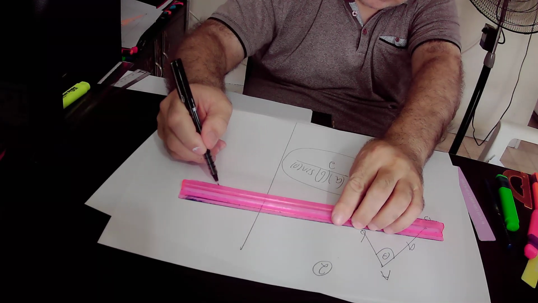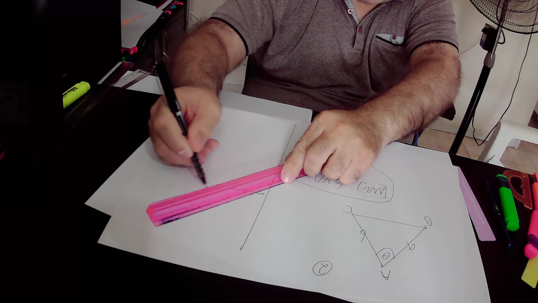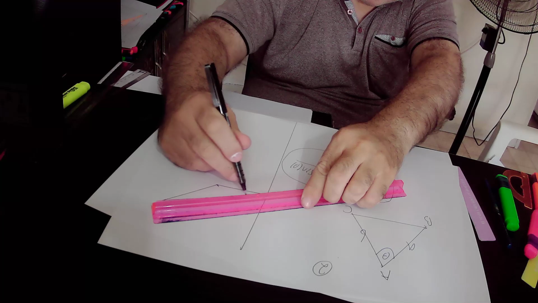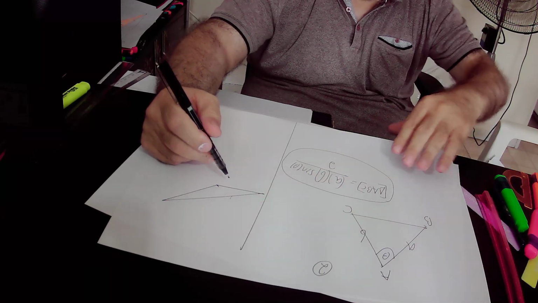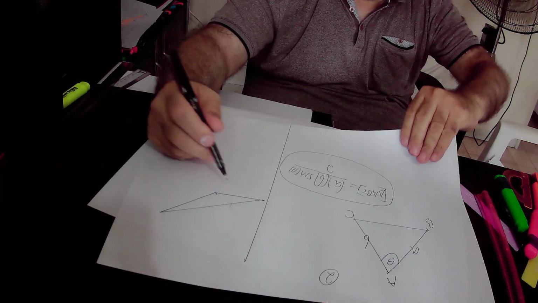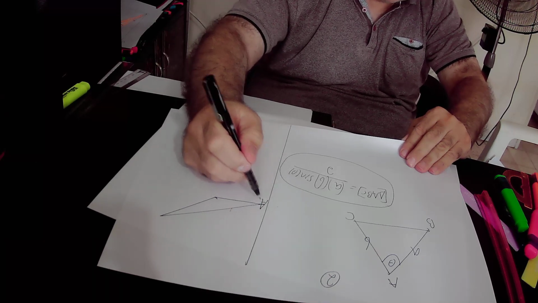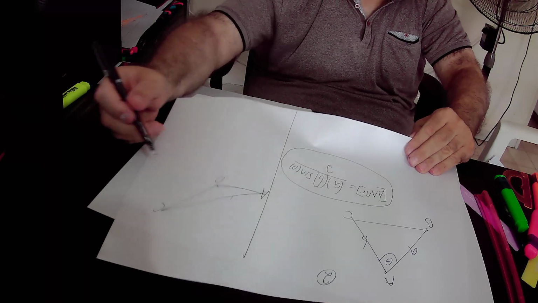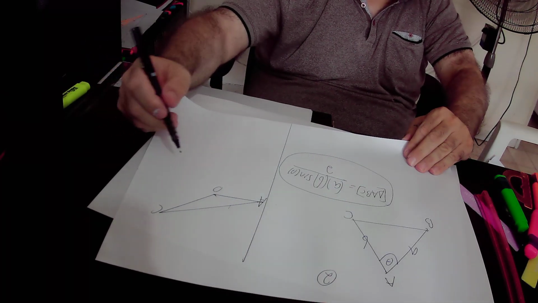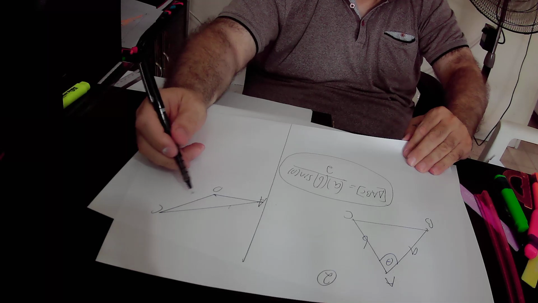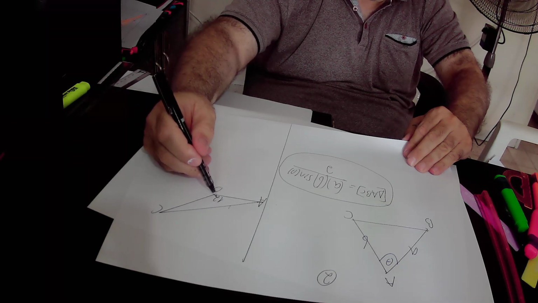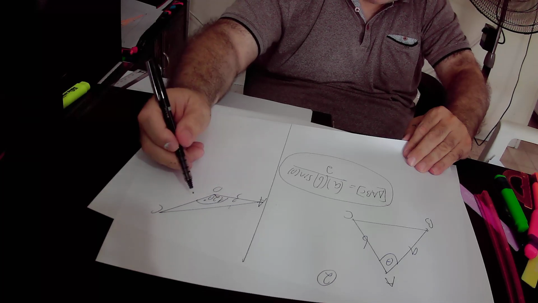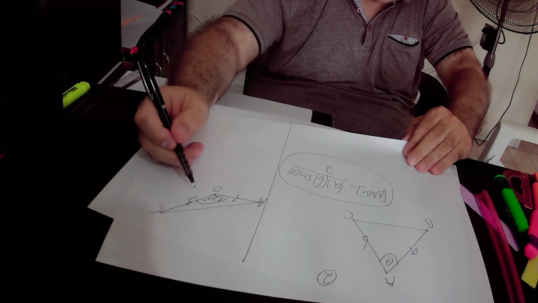So this is triangle AOC that is coming from the original drawing. The angle between AO and OC is 120 degrees. AO equals 3 units, OC equals 3 units.